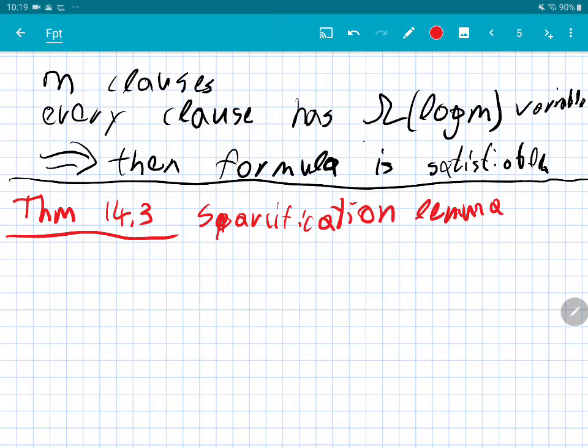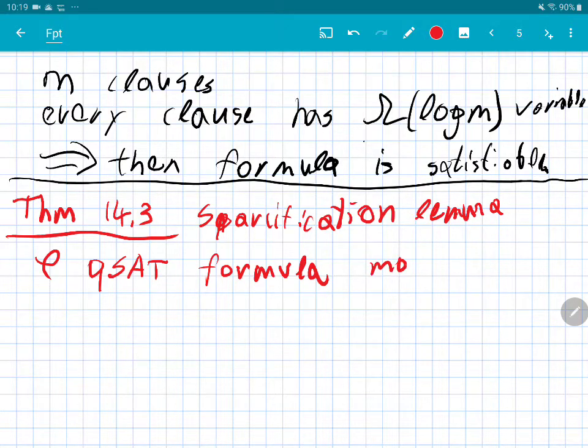So the point is, think about, I give you a formula, a 3-SAT formula, or a Q-SAT formula, and it has way more clauses than variables, way more clauses than variables.